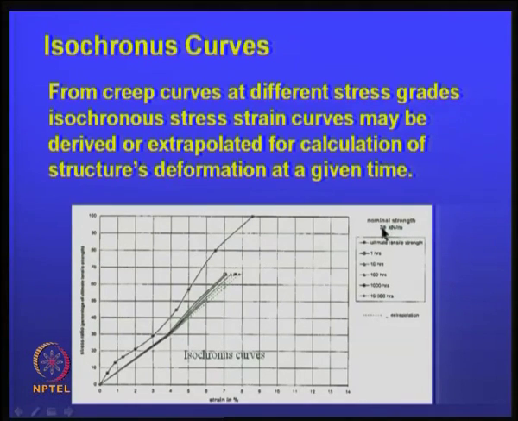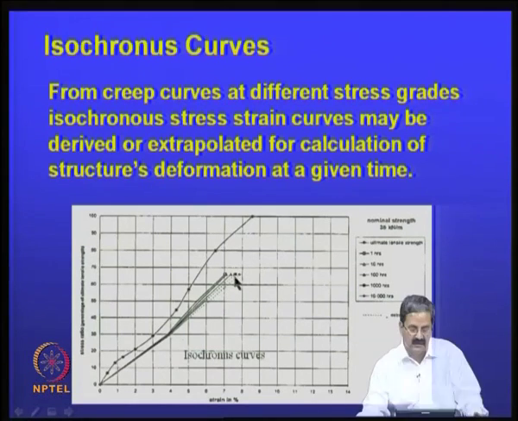For example, here the tensile strength of that geogrid or geotextile material is 35 kilonewton per meter, and this is the stress strain curve immediately after the ultimate tensile strength, immediately after the product is delivered to you, a rapid test. Then after 1 hour is one stress strain curve, and then 10 hours, 100 hours, 1000 hours and 10,000 hours.